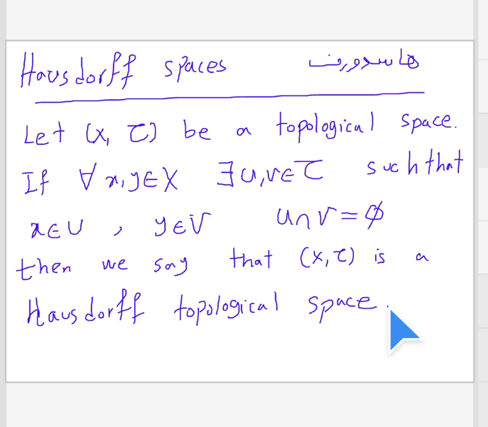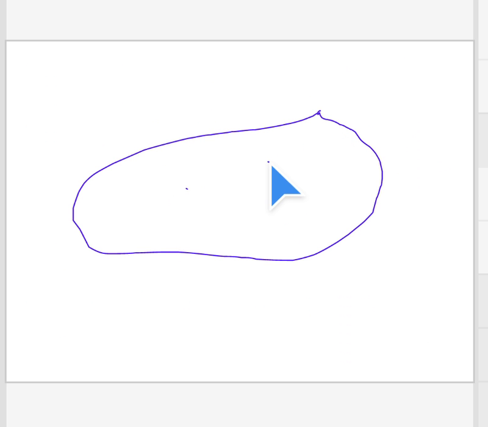Okay? If for every two points there exist two open sets such that x belongs to U, y belongs to V, and U intersection V is empty. In the diagram, we have such a space with points x, y.